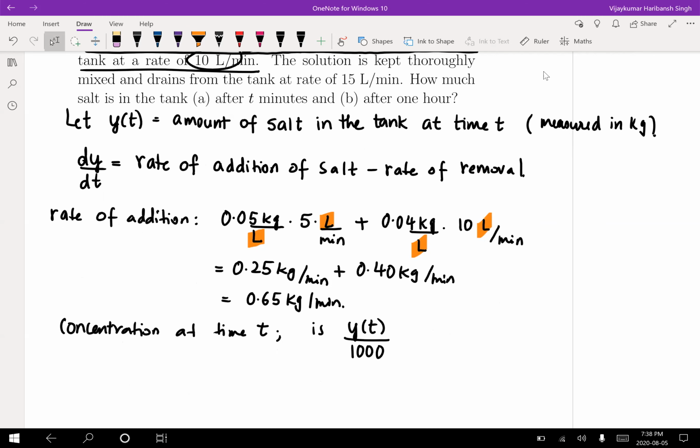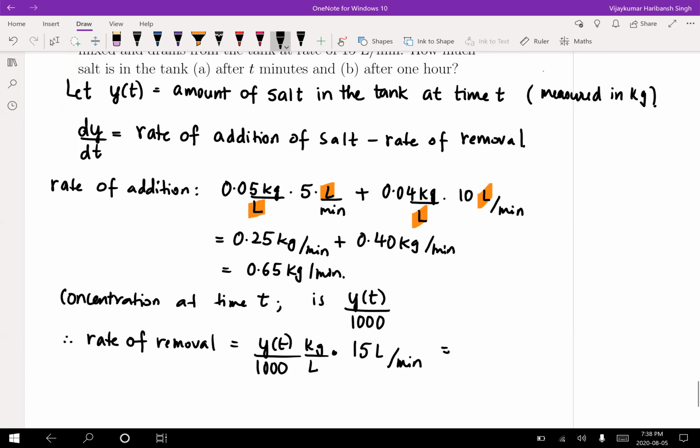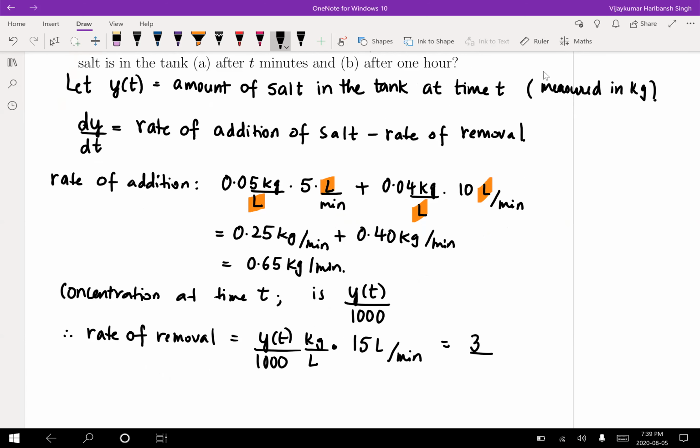Therefore the rate of removal is y of t divided by 100 kilogram per liter, and out of that, 15 liters per minute are leaving. If you do the cancellation, it will be 3 by 200 kilogram per minute.